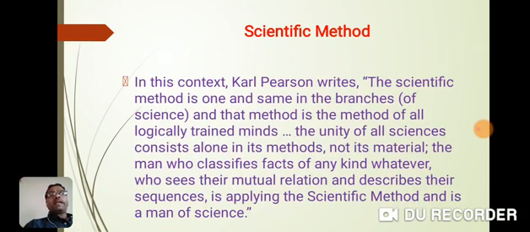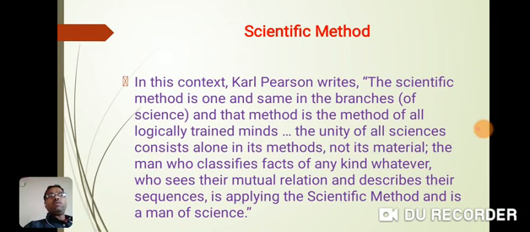In this context, Karl Pearson writes, the scientific method is one and the same in the branches of science, and that method is the method of all logically trained minds. The unity of all sciences consists alone in its methods, not its material.